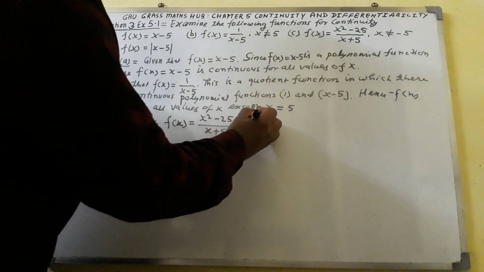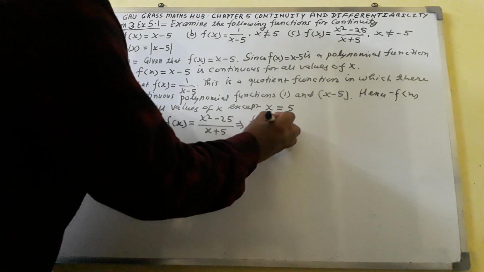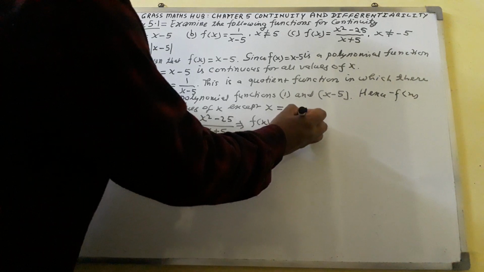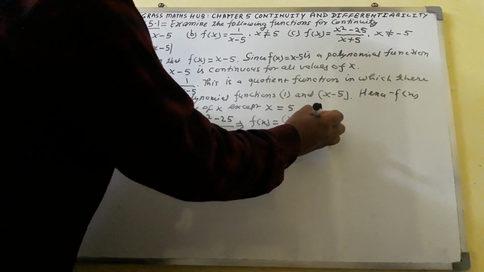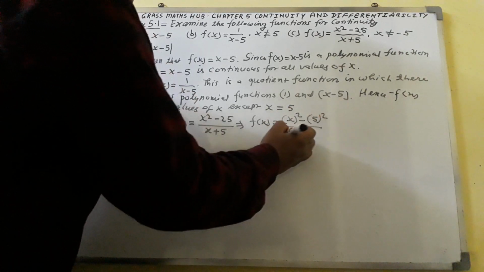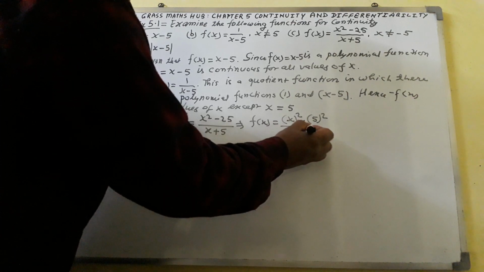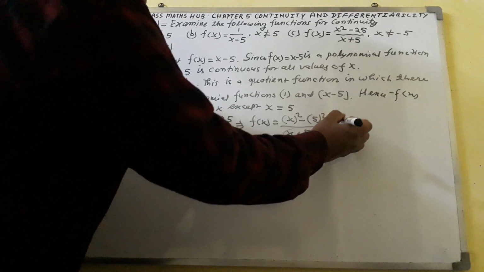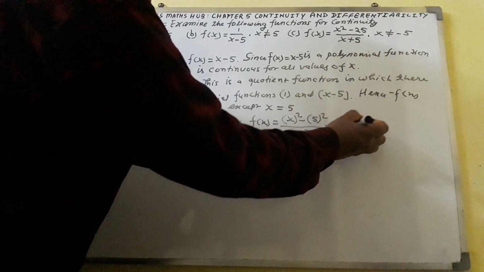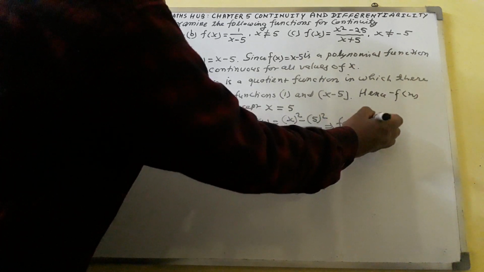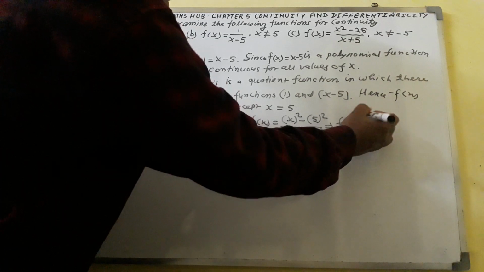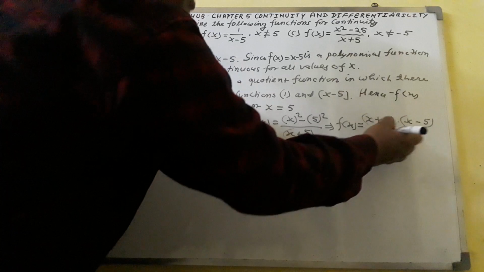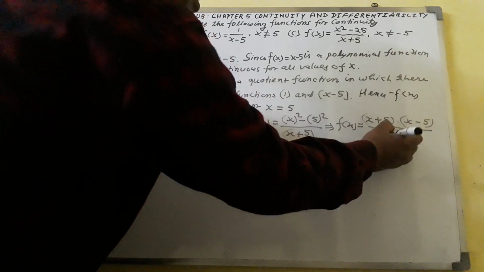This implies f of x equal to x square minus 5 square over x plus 5, which implies f of x equal to x plus 5 times x minus 5 whole over x plus 5.